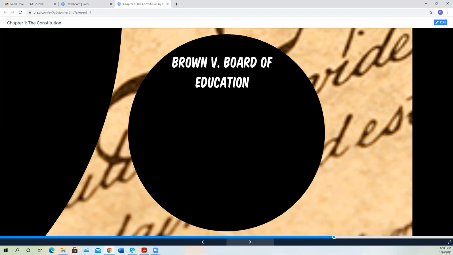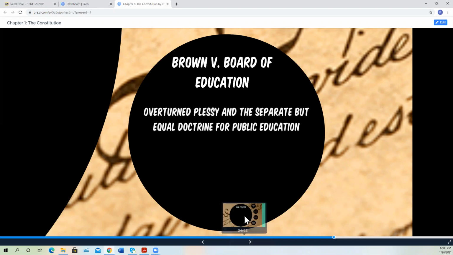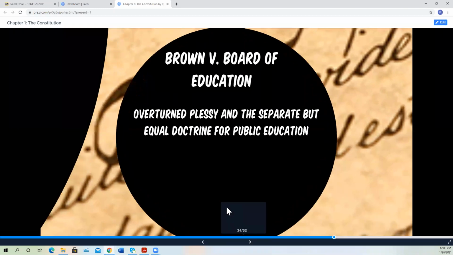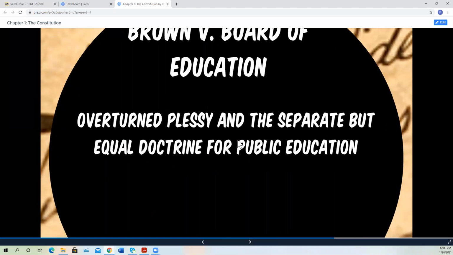And that's what happened in Brown versus Board of Education. In that case, the Supreme Court overturned the Plessy decision and the doctrine called the separate but equal doctrine for public education. So in other words, the United States Supreme Court said, when it comes to public education, the separate but equal doctrine does not apply. We were wrong in Plessy.